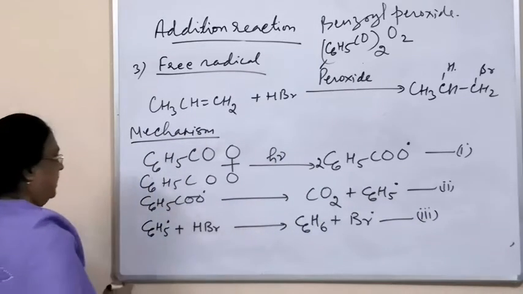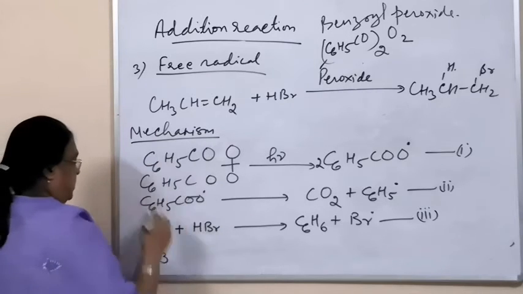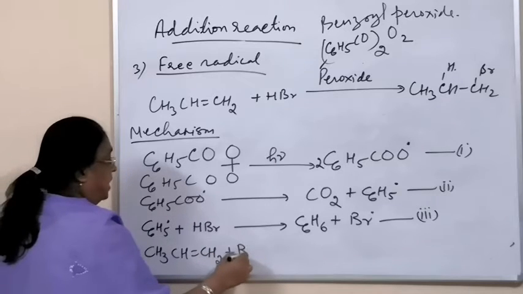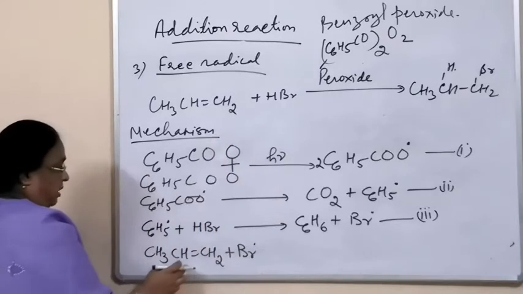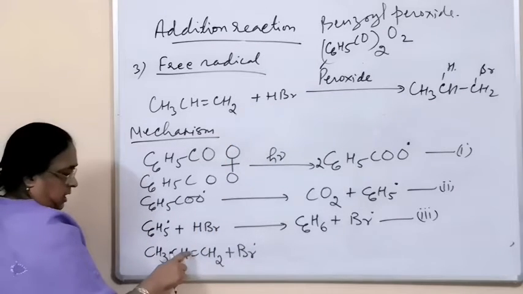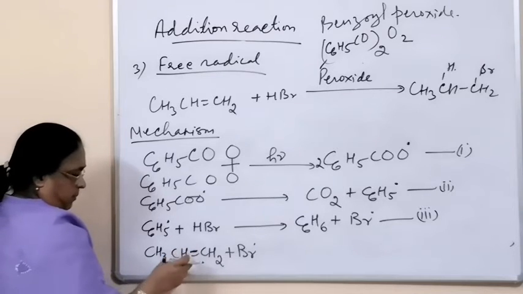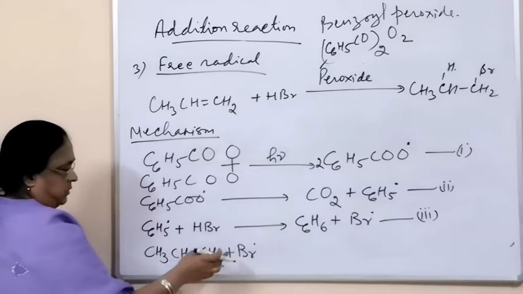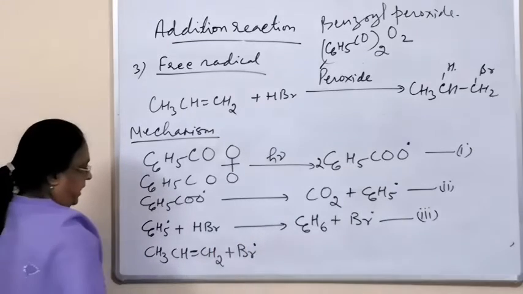Now in the next step, that is the substrate CH3 CH double bond CH2 plus Br dot, bromine free radical, which is obtained from addendum, will be attacking this double bond, which means pi bond and sigma bond. So one bond will break, and when this will break, the electron will not be transferred, but it will break homolytically again because of this free radical.